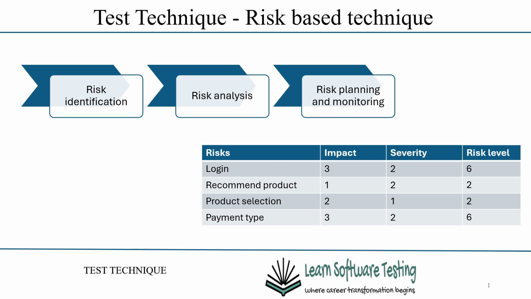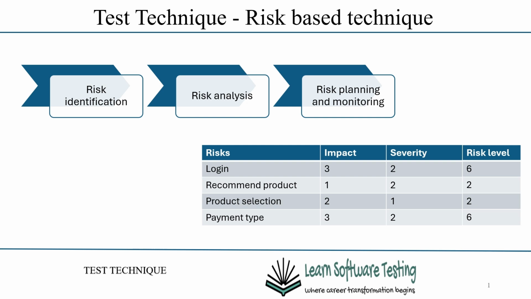So once we've established the risk levels and understand the impact, then we can plan how we mitigate those risks. So this could be, for example, prioritizing our testing. An example could be the type of testing we carry out, the efforts required for those tests.